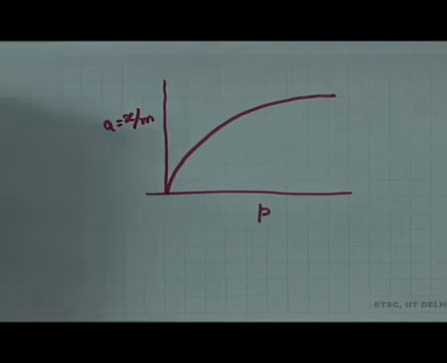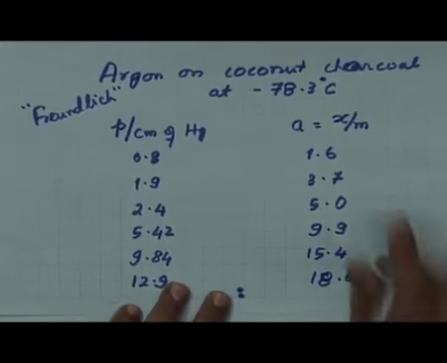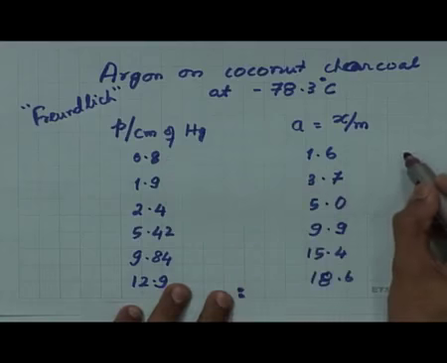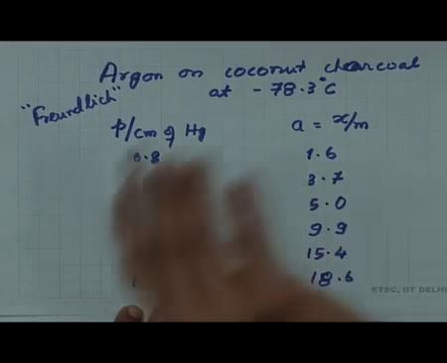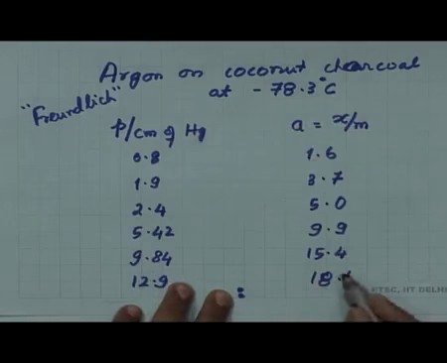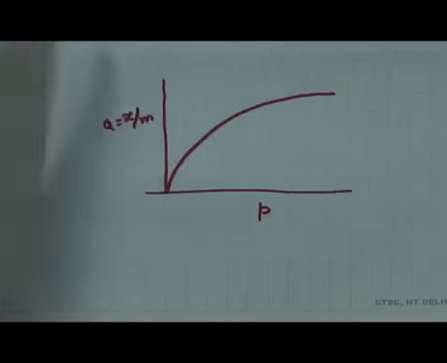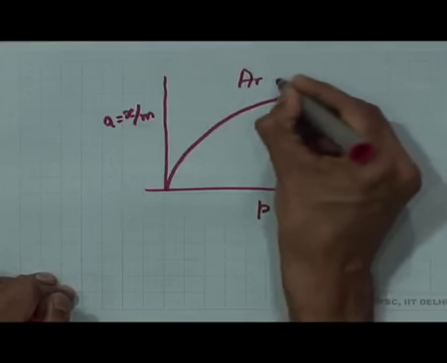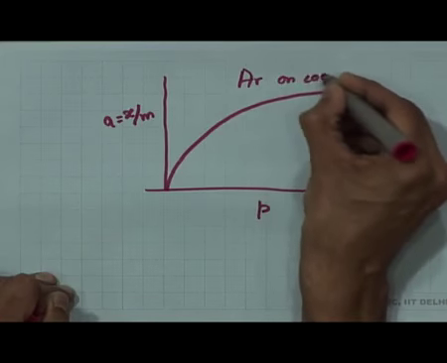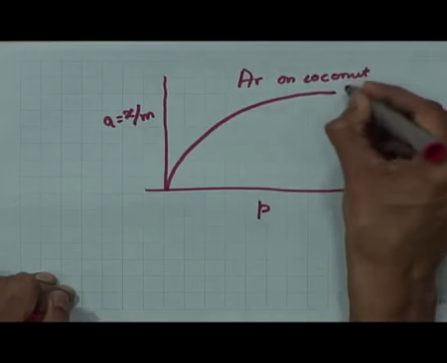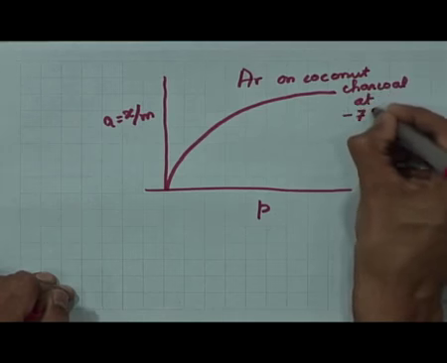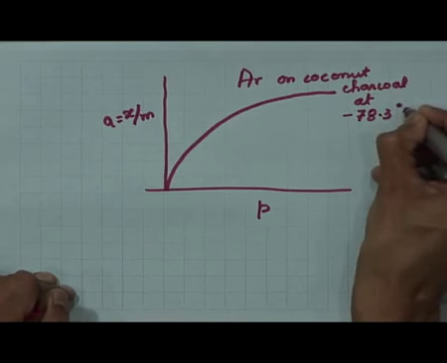So, if you take this old data that you have got, take the difference here over the difference here, and you will find that the slope here is high, which is in the initial portion, and as you move further and further out, the slope decreases, which gives you this kind of appearance. This is for argon on coconut charcoal at minus 78.3 degrees Celsius.